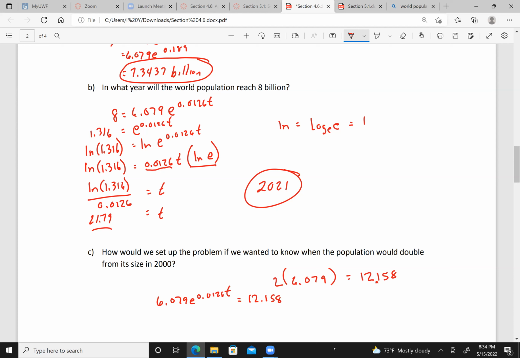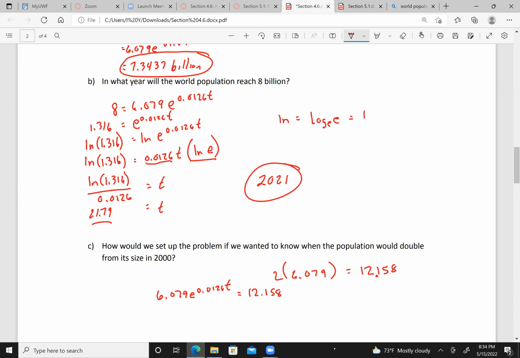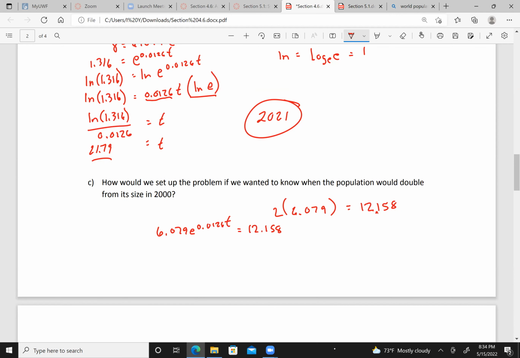Now there's something interesting. This is a term that is used. It's called doubling time. Just out of curiosity, let's take this a little further. Let's go ahead and divide by our 6.079, and we get e to the 0.0126 t equals 2.